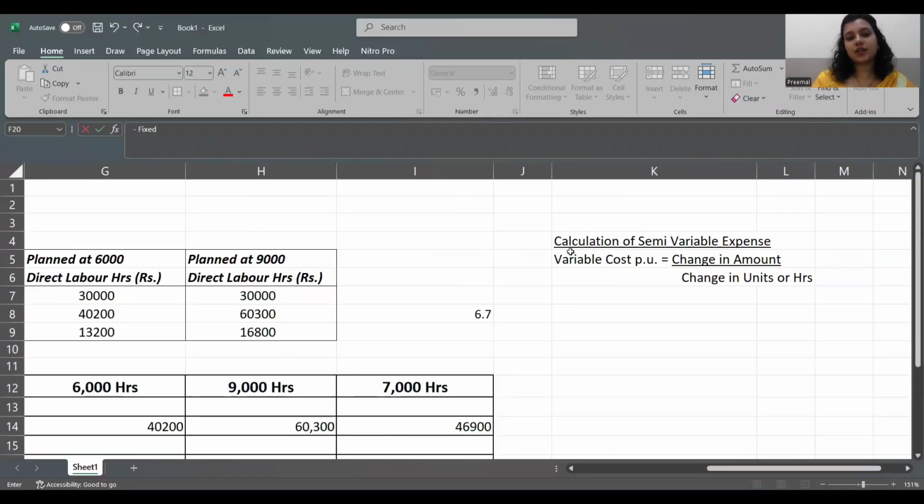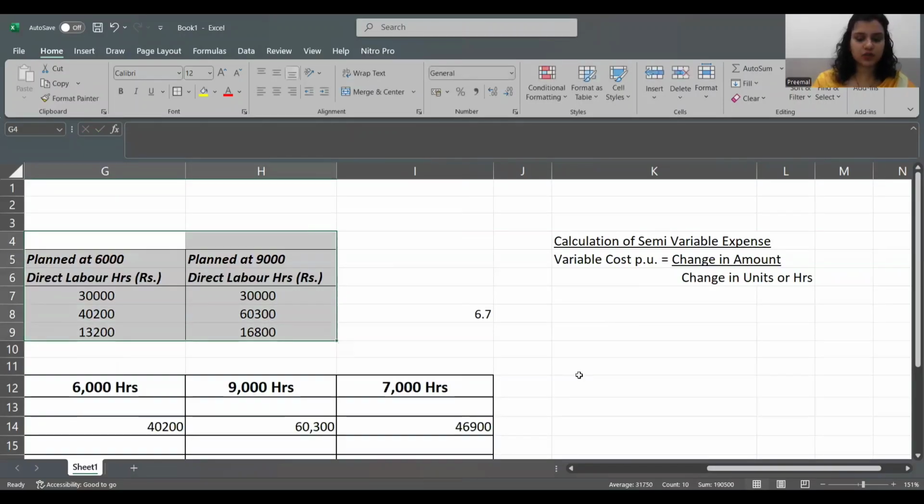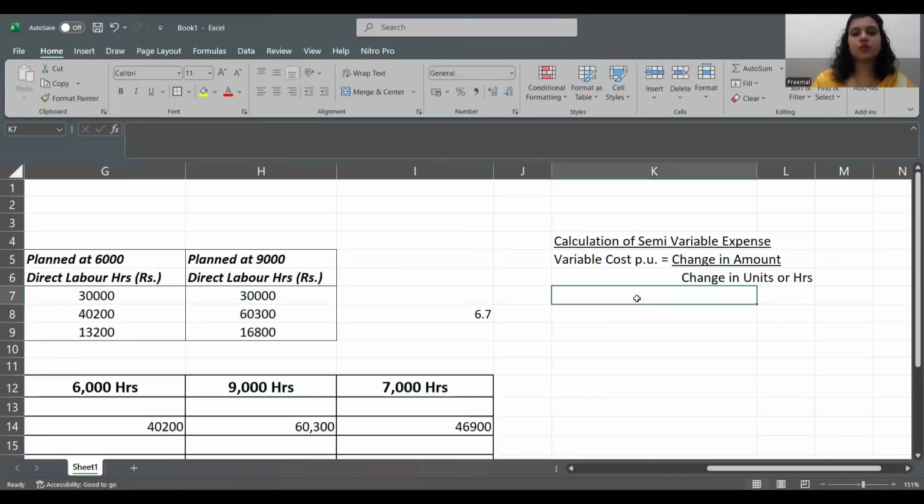You need to first calculate the variable cost per unit in case of a semi-variable expense. The formula to find out the variable cost per unit is change in amount divided by change in units or hours. Now they have given us two columns of information over here, and that's how we will be able to calculate the variable cost per unit.